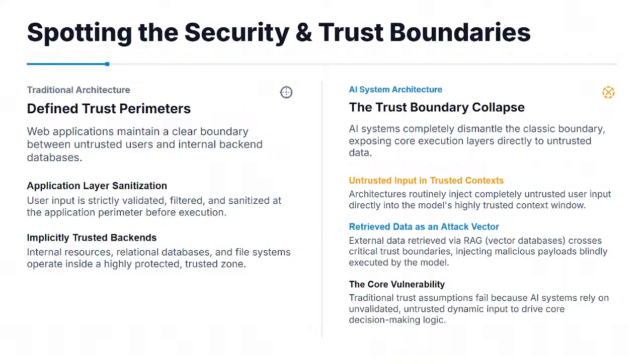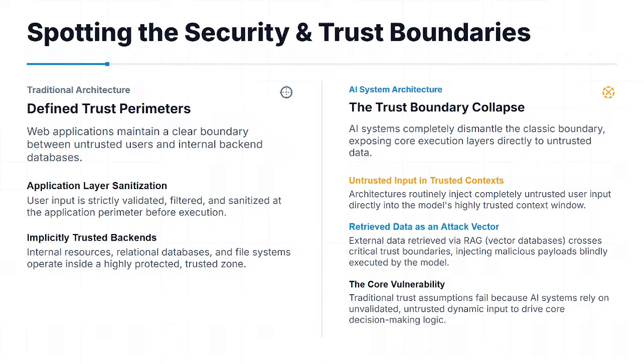Which brings us to the same comparison we did in Module 1. What makes traditional security approaches fail when AI systems come into play? It's not enough to just say, oh, it is AI, artificial intelligence, right?